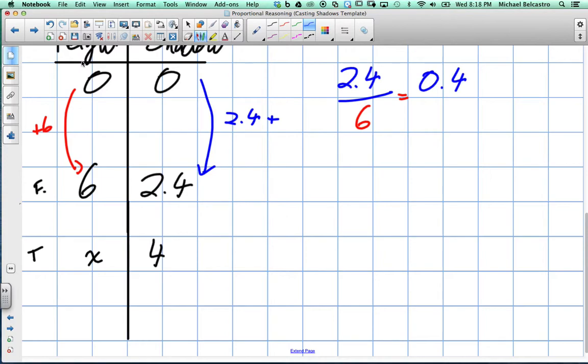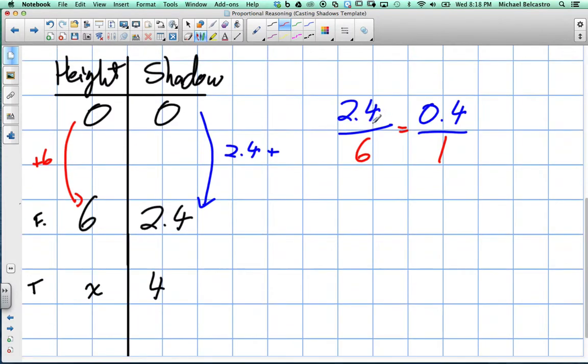Well, when you divide by a value, think of it like creating an equivalent fraction where the number on the bottom, or the denominator, is now a value of 1. So every time we increase by 0.4 here, our height increases by a value of 1. That's pretty helpful for us.